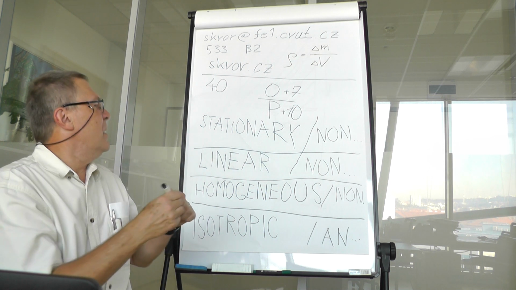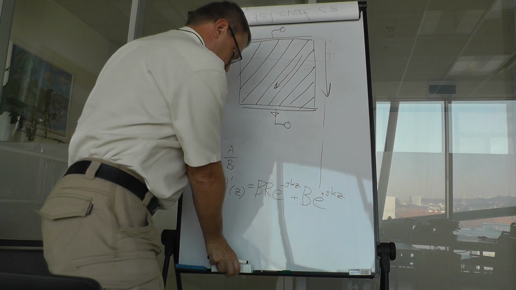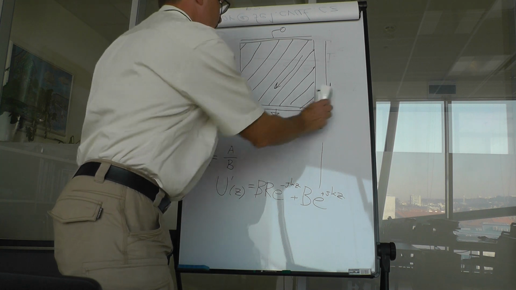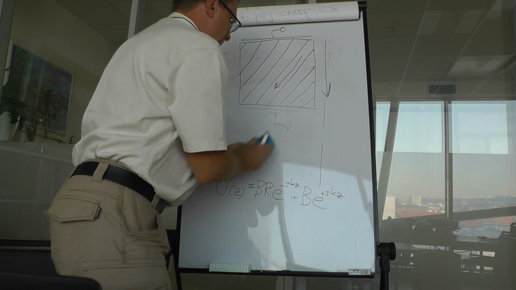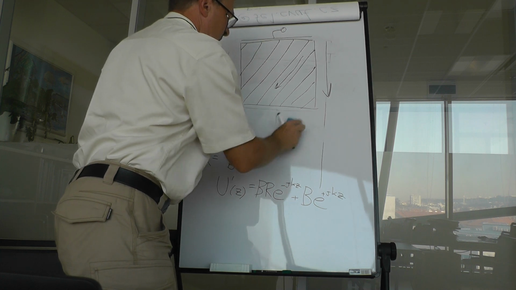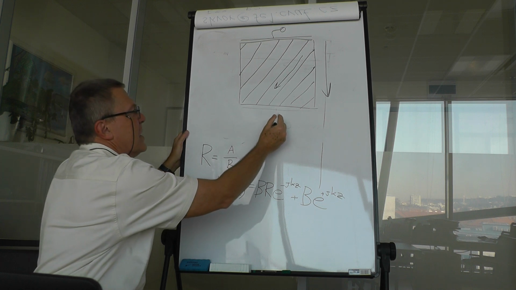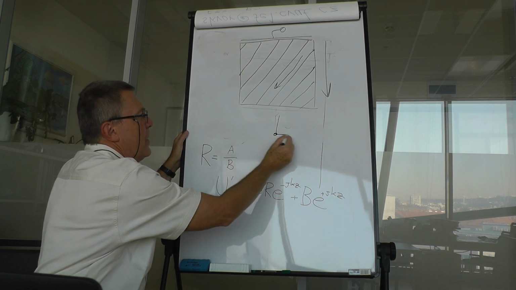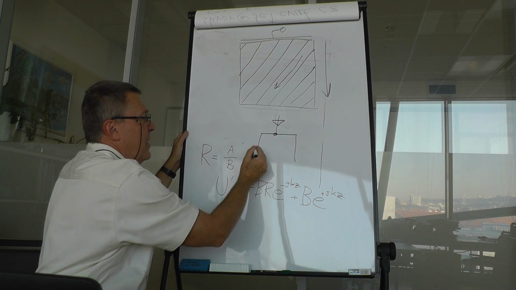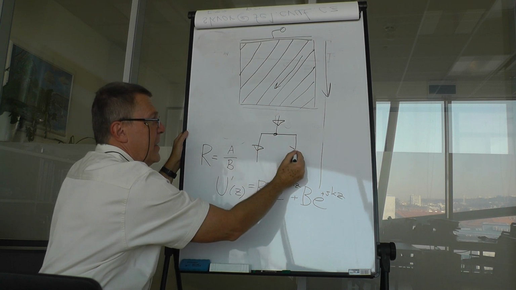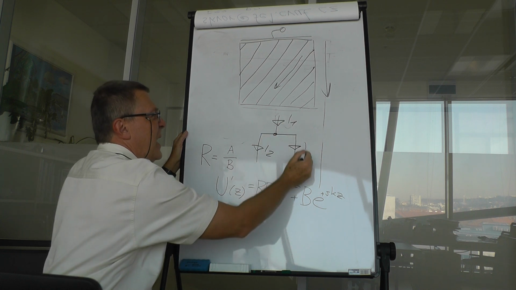If you have, let's say, so I can't erase, so please just let's use this space. If you have 3 wires in classical circuit theory, you have 3 currents, I1, I2 and I3.